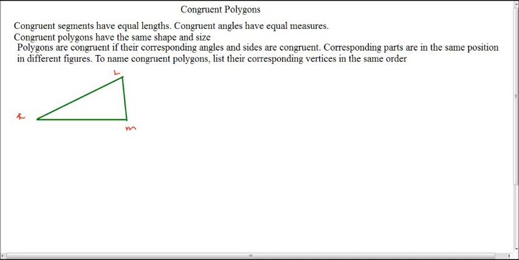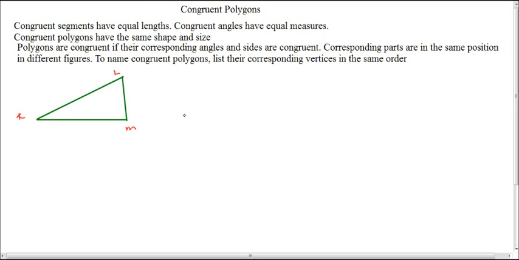Well, we said we wanted to take a look first and see what congruent polygons are. So let's create another figure. I'll get my line back, because the line draws straighter than anything else.